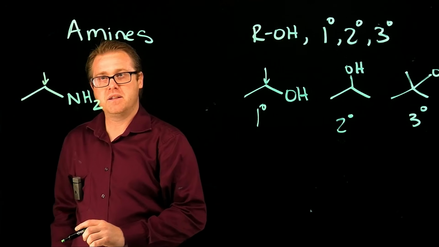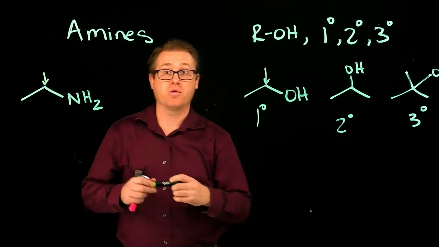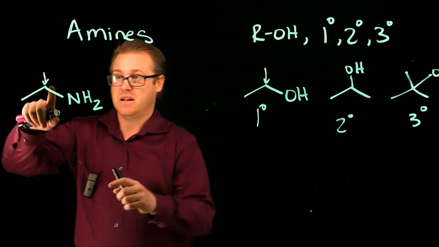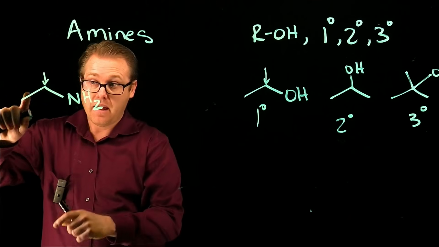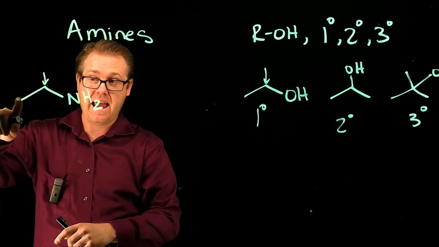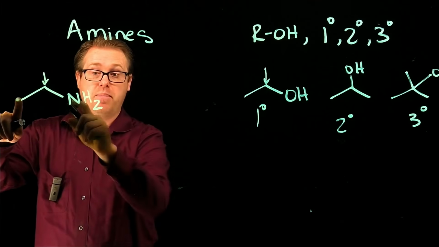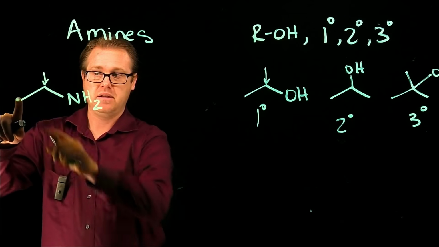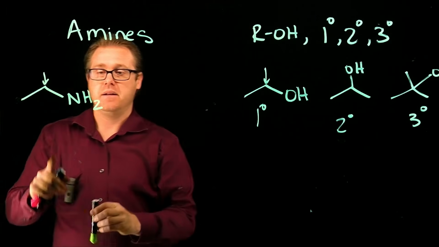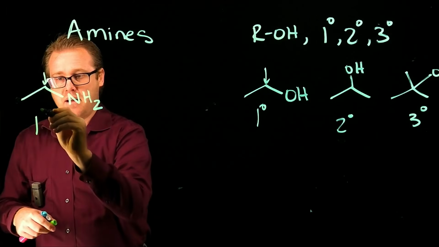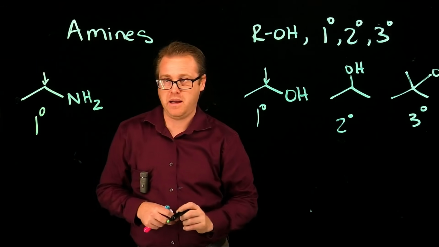Do you see what I mean? I hope you see what I mean by directly attached. This carbon is bonded to this nitrogen. This carbon right here at the very end is not directly bonded to the nitrogen. That carbon is bonded to that carbon. So this would be an example of a primary amine.